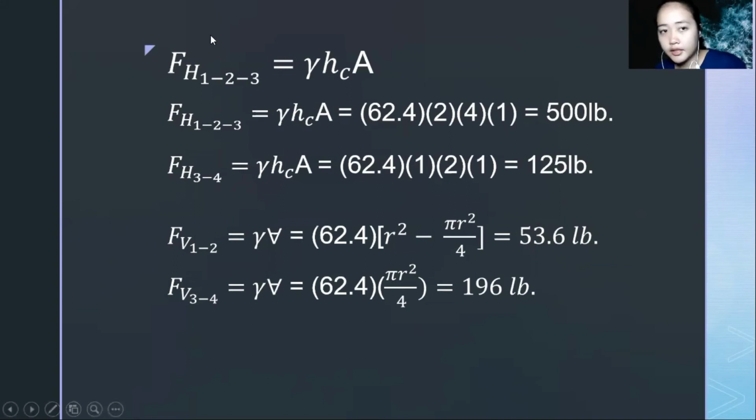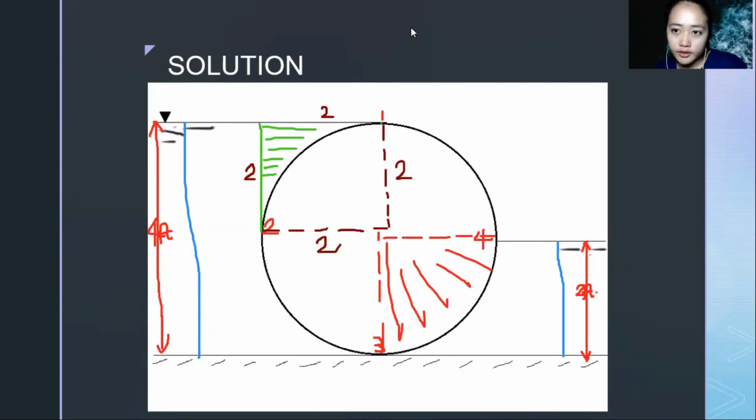And last is the vertical force at point 2 and 3. So again, we're going to extend each endpoint to the free surface.